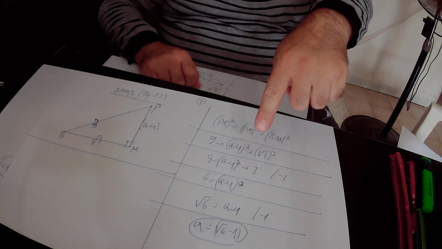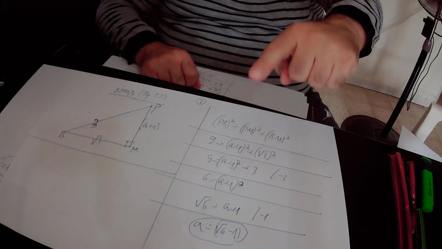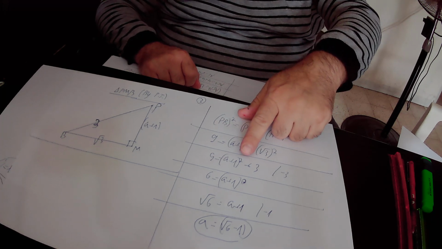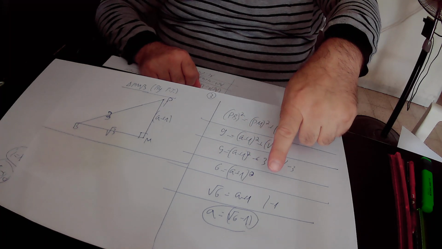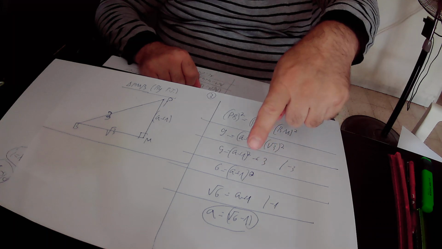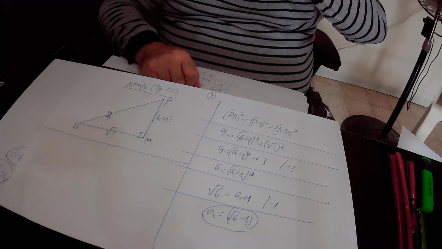If we take the root of this equation, we find that the square root of 6 equals a plus 1. Here we subtract 1 from this equation and we find that a equals the square root of 6 minus 1 units.